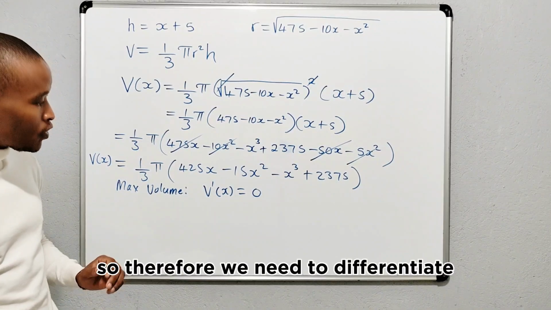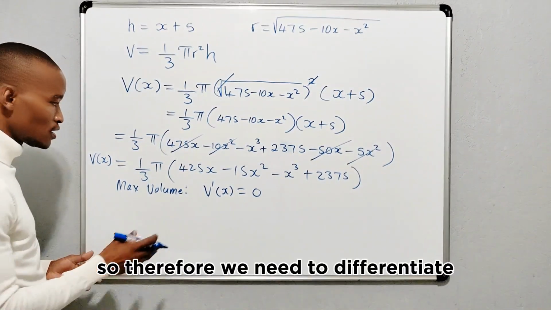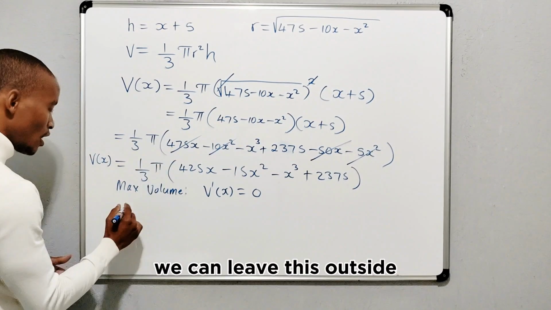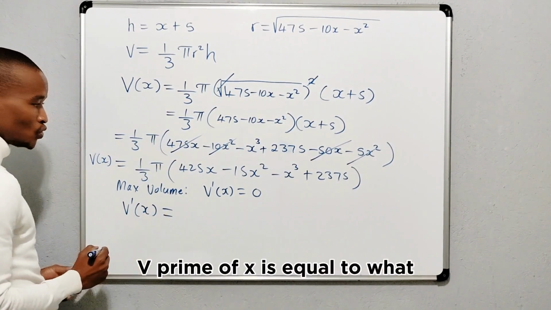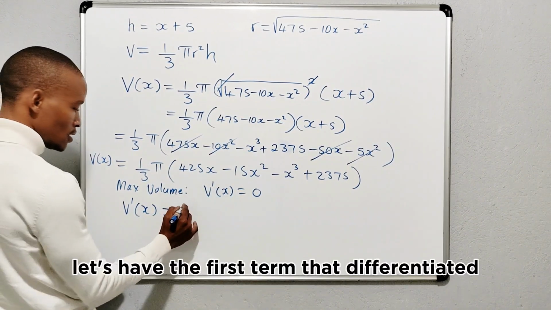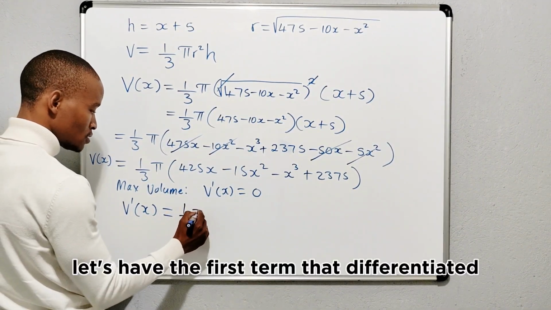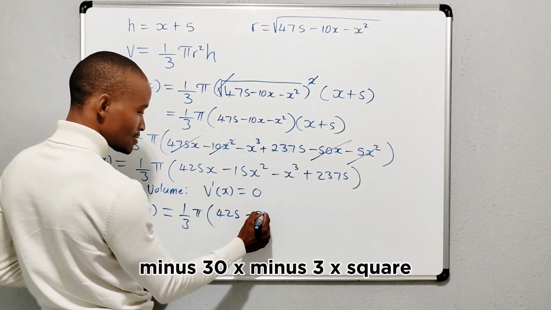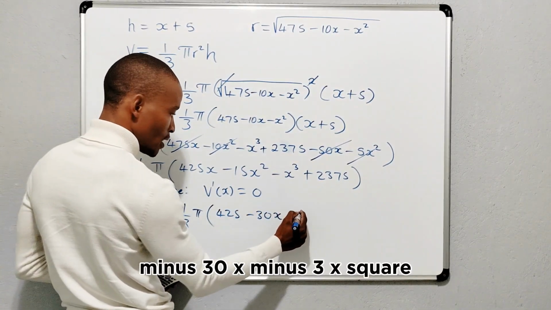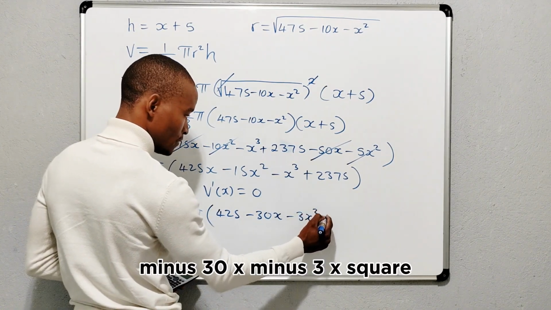So therefore, we need to differentiate. Let's find the first derivative. We can leave this outside. V prime of x is equal to what? Let's have the first term there differentiated. It's going to be 425 minus 30x minus 3x squared.